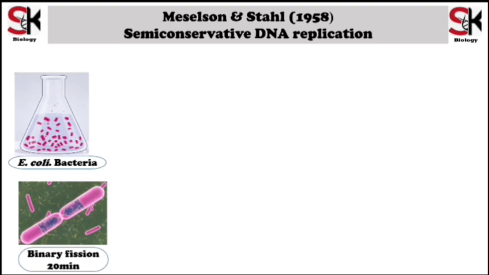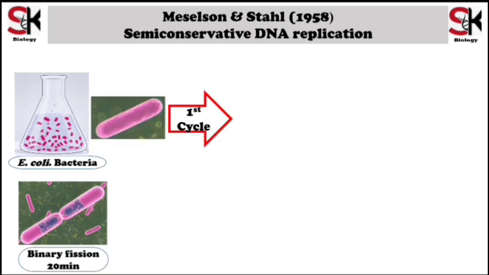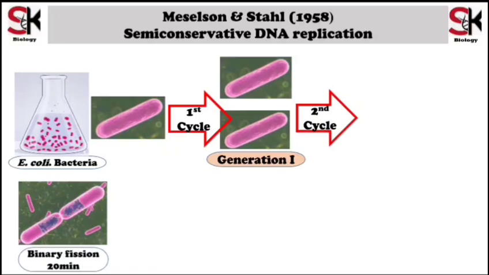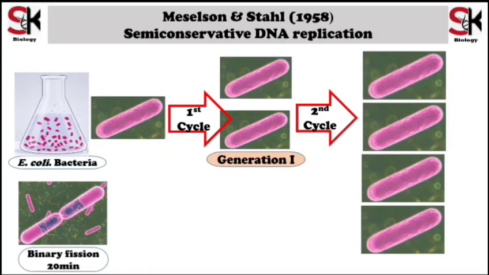So, after every 20 minutes, these cells will get doubled. If one bacterium is present at the start, after one cell division cycle it will produce 2 bacterial cells in generation 1, and after the second cell division it will produce 4 bacterial cells in generation 2.